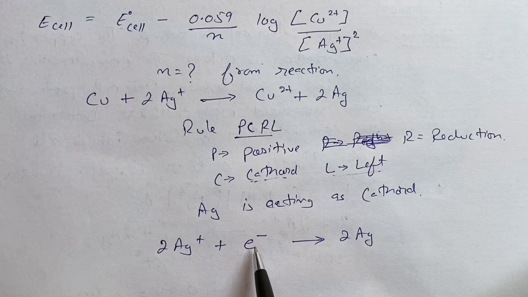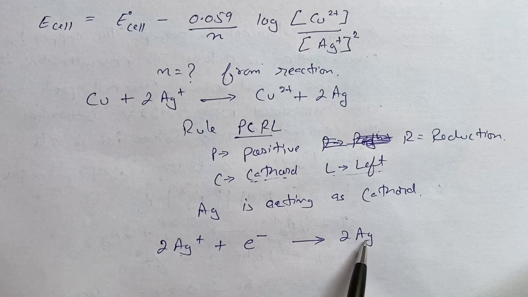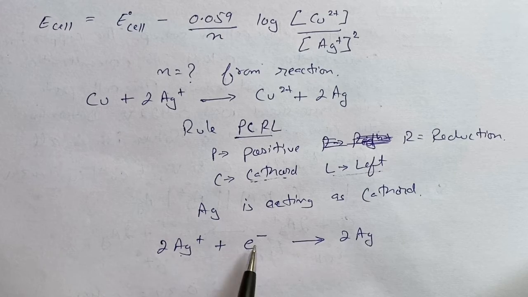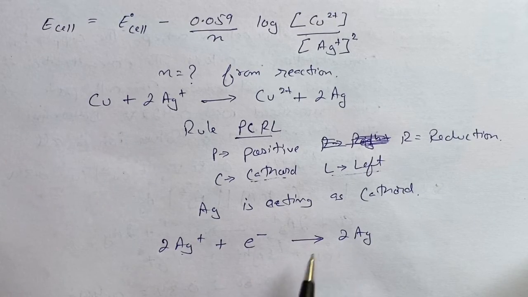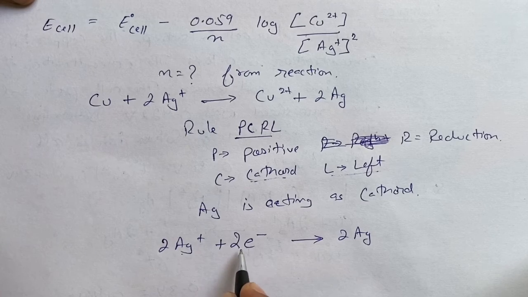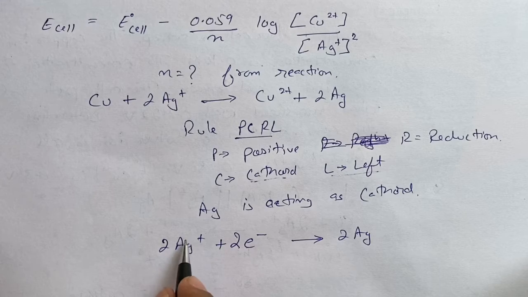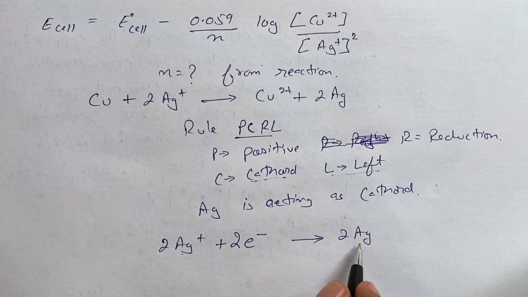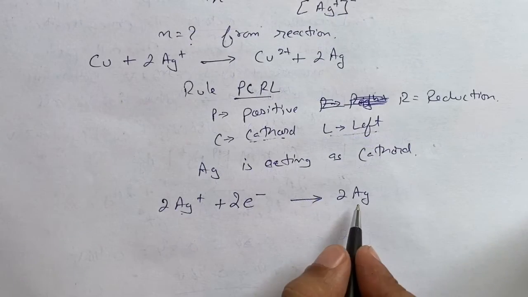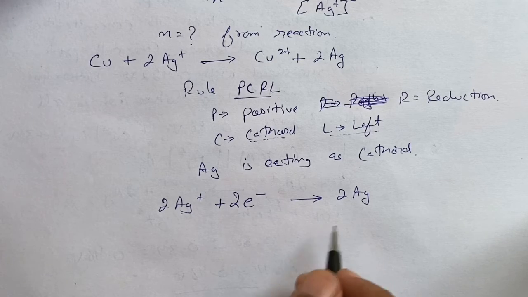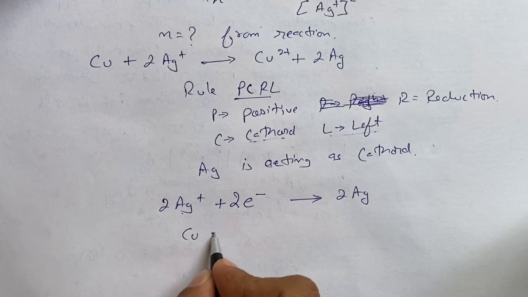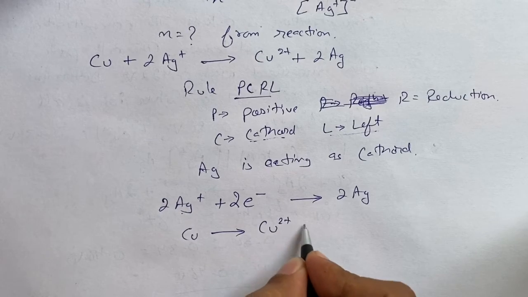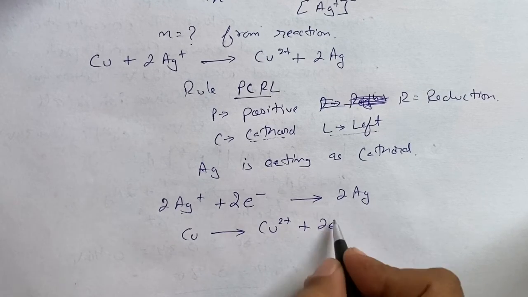As I told you earlier, you have to balance the element as well as the charge. Elements are balanced. Now put 2 and you have balanced the charge also. There are 2 positive charges plus 2 negative charges, so overall charges are balanced and elements are also balanced in this equation. Now writing the second reaction, which is of oxidation, that is Cu → Cu2+ plus 2 electrons.